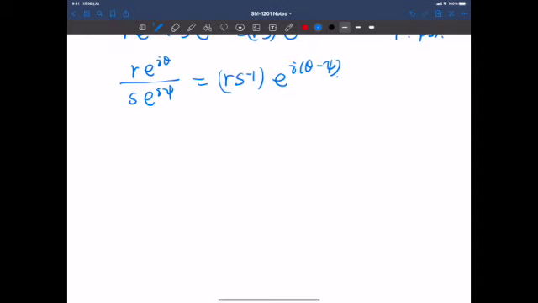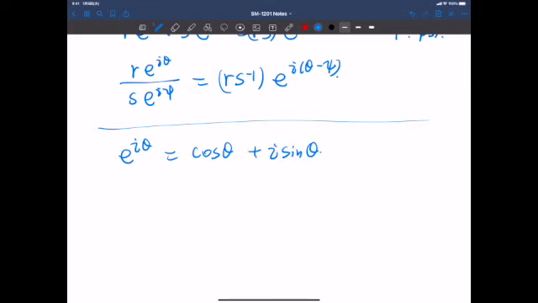Okay, and also we can express e to the power of i theta as cosine theta plus i sine theta, and also exponential of negative i theta as cosine theta minus i sine theta.